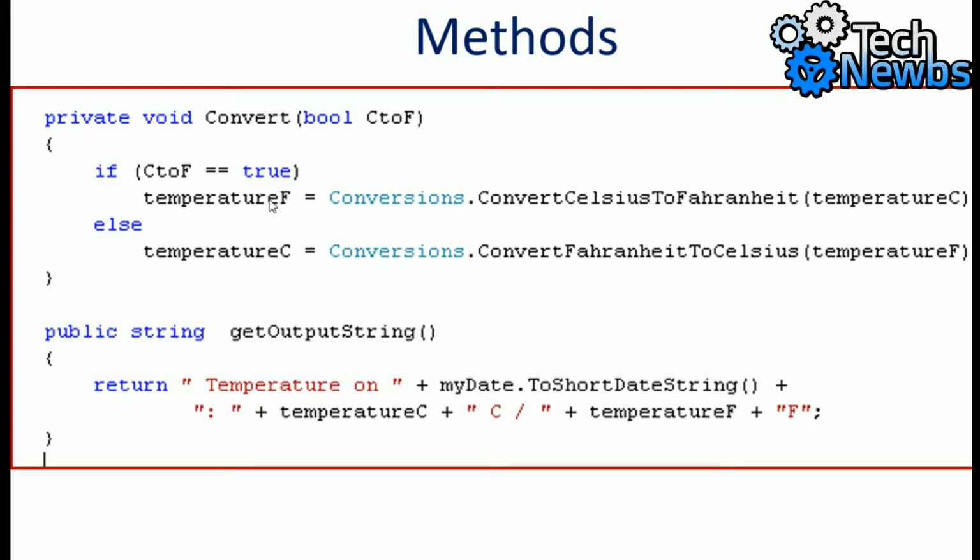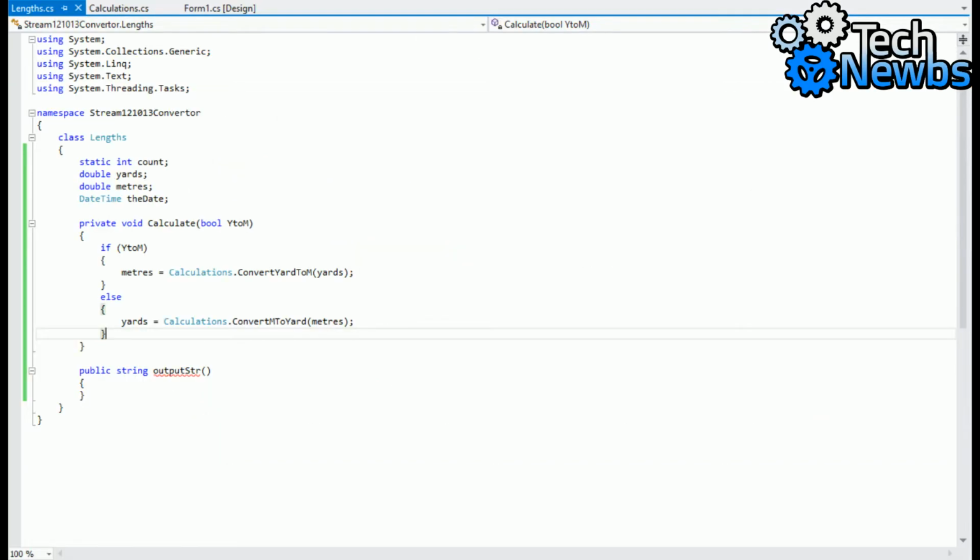You assign the temperature in Fahrenheit to the conversion in Celsius, else to the other one. Now I'm going to create an output string that'll say length, something like that. It has to be different.